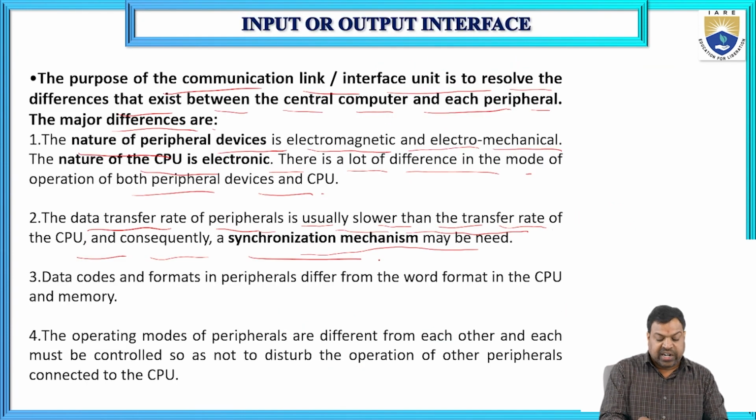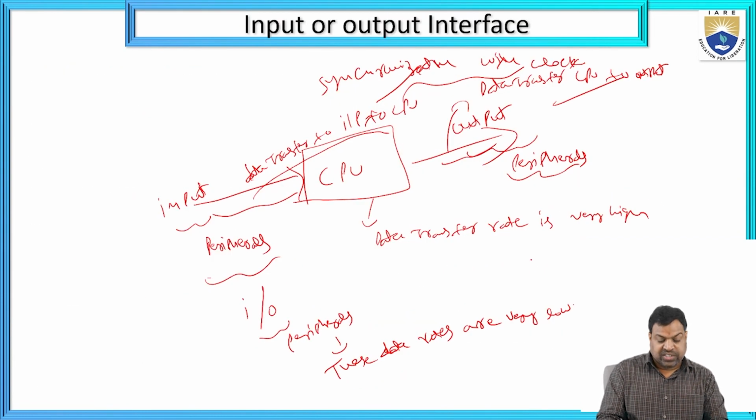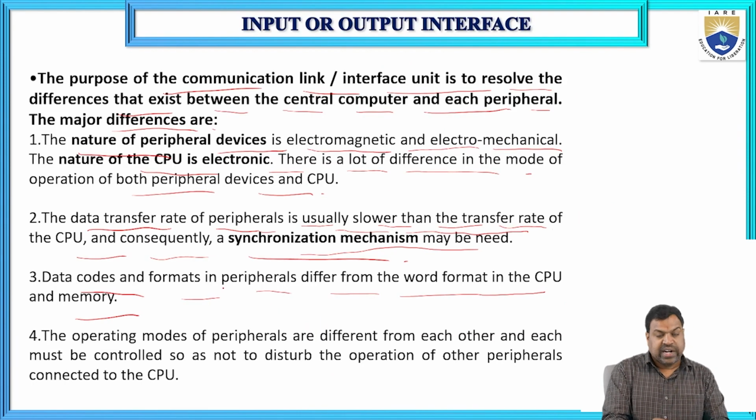The data codes and formats of peripherals differ from the word format in the CPU and memory. The operating modes of peripherals are different from each other, and each must be controlled so as not to disturb the operation of the other peripherals connected to the CPU.